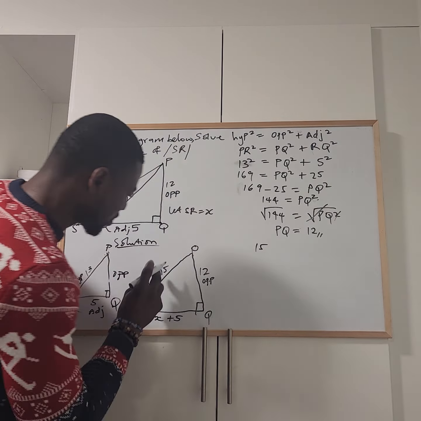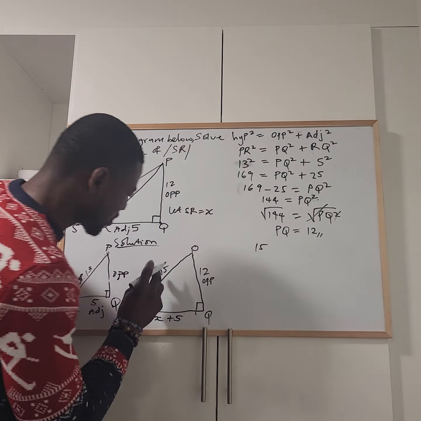How do we open up this bracket? Expansion of bracket. So this can be written as x plus 5 times x plus 5. X times x is x squared.